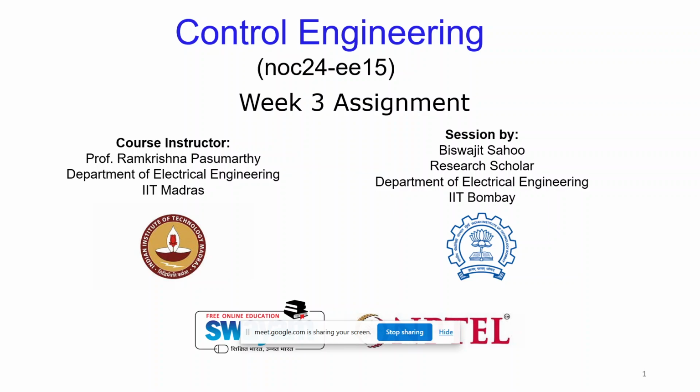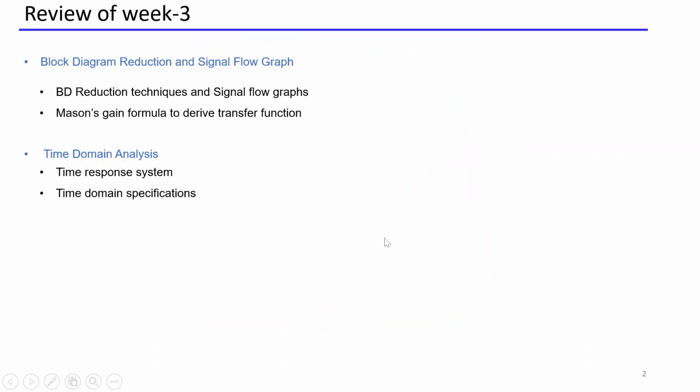Okay, so let us start the session for the week 3 assignment discussion. In the last week, the course was about how we go for block diagram reduction and what the block diagram reduction techniques are.